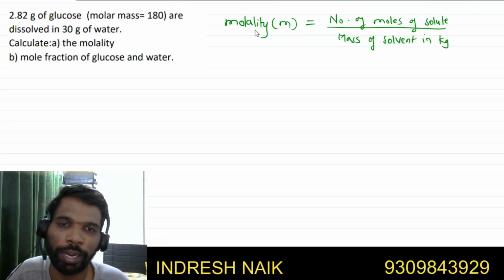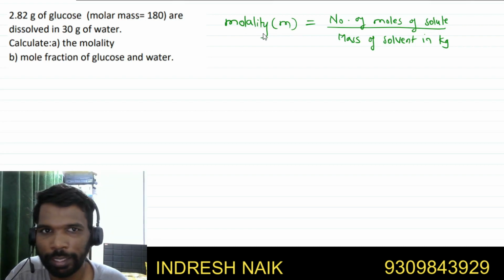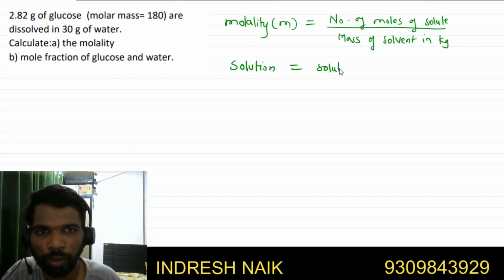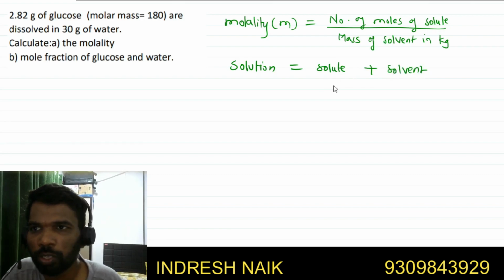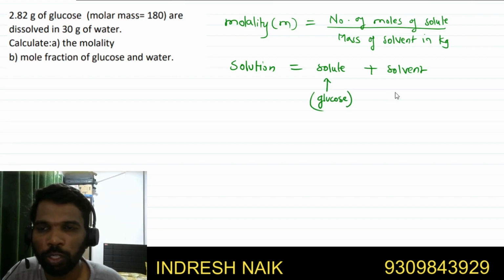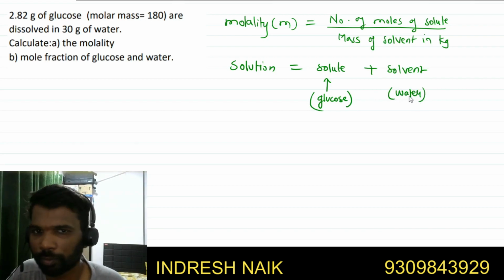This is what molality is. Molarity is different from molality. Understand, it is not the solution. Solution is solute plus solvent, right? So what is the solute over here? The solute is glucose, and the solvent is water, right?